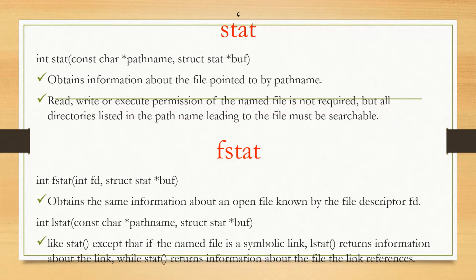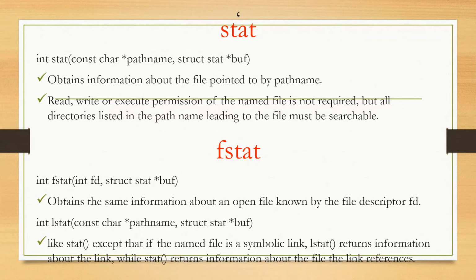Read, write or execute permission for the named file is not required, but all directories listed in the path name leading to the file must be searchable. That is, to identify the file with the corresponding name, you set a path name for the stat function.